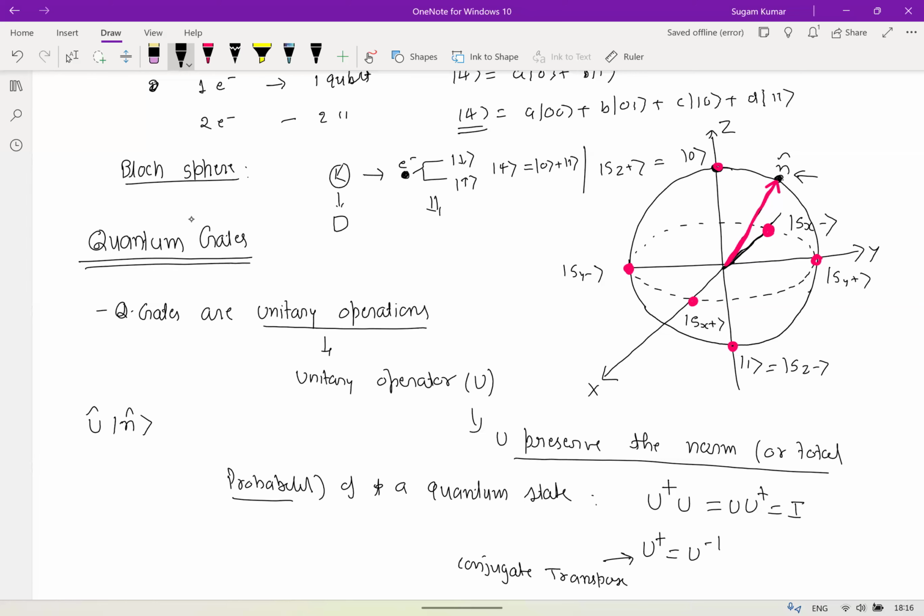In this process, the radius of this vector is never going to change. It will simply rotate on the surface of the Bloch sphere, but the radius, which is nothing but the norm, and the norm is nothing but the probability, stays the same.